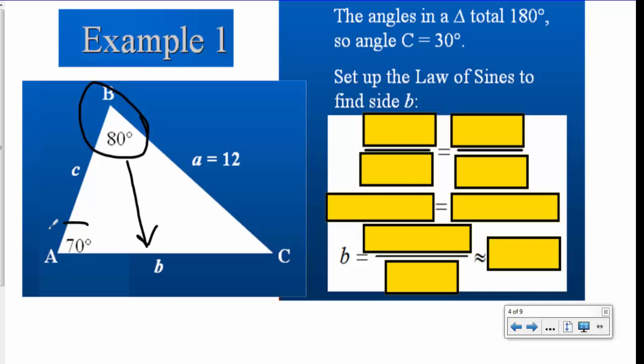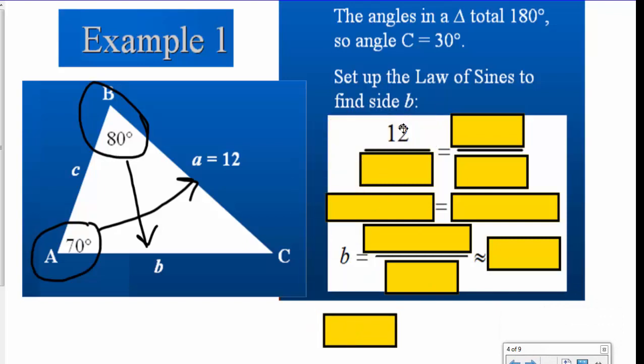I know angle A is 70 degrees, and we do know the side across from angle A, which is little a. So we set up the law of sines to find side b, what I need to find. It's similar in the idea of: what do we know? 2 angles, and what do I need to find? One of the sides. Here's how this law of sines would work.